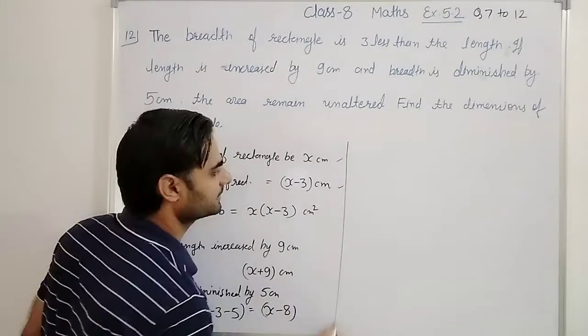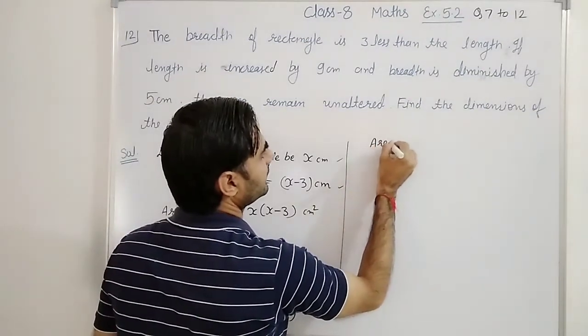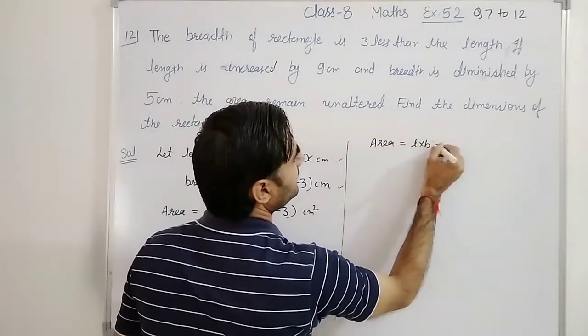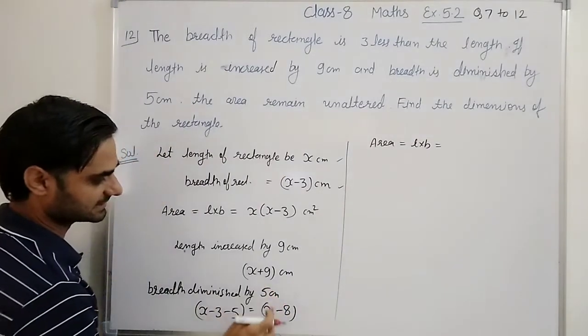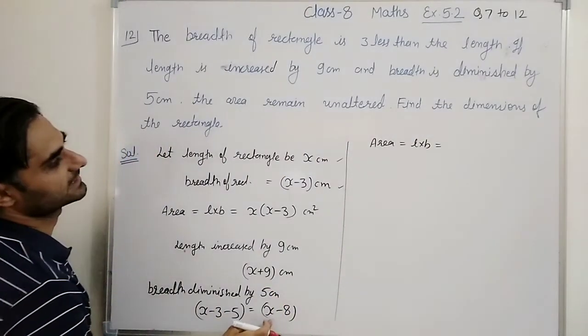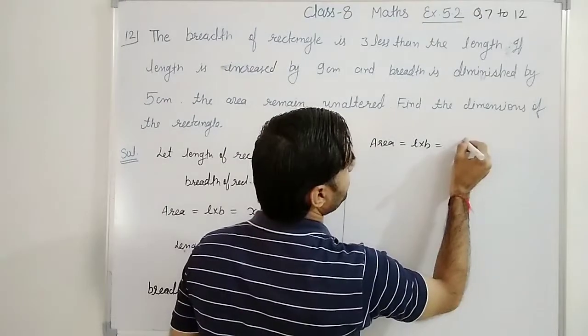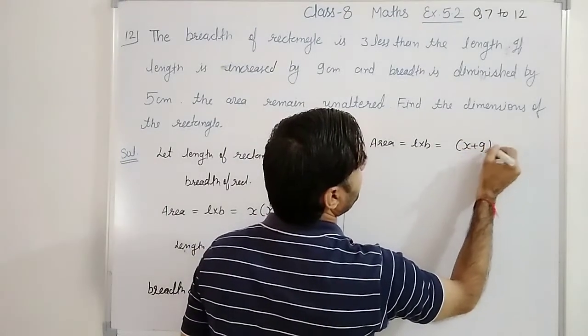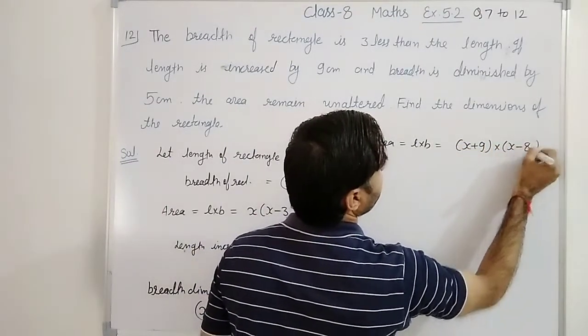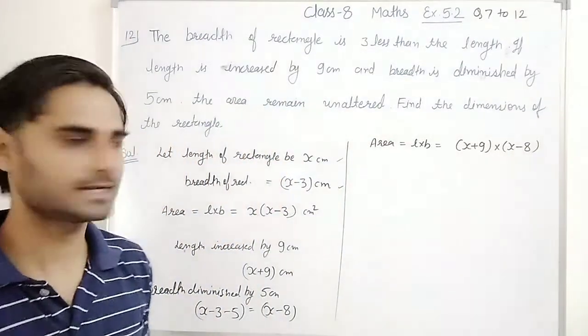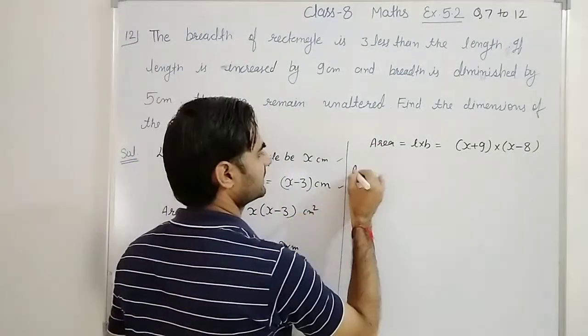So the area will be again length into breadth. Length is x plus 9, breadth is x minus 8. So this will be equal to x plus 9 multiplied by x minus 8. Correct na? Now according to question we can take.